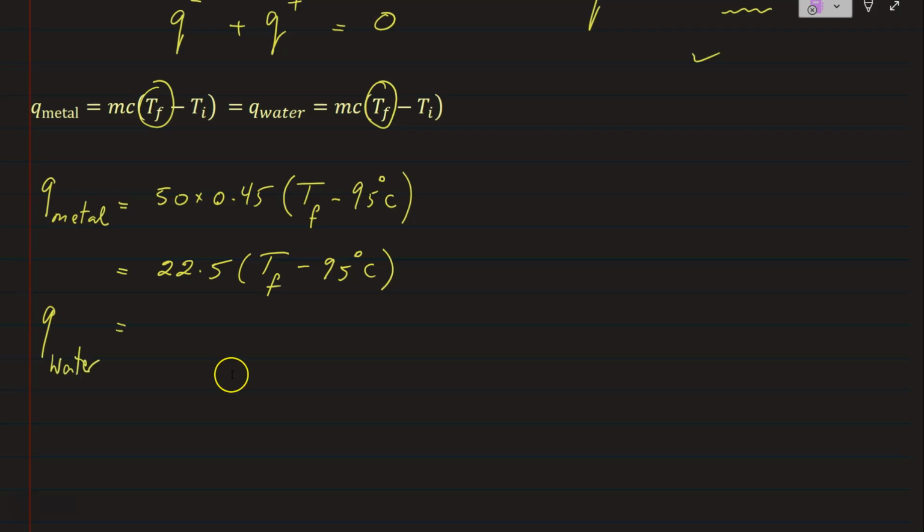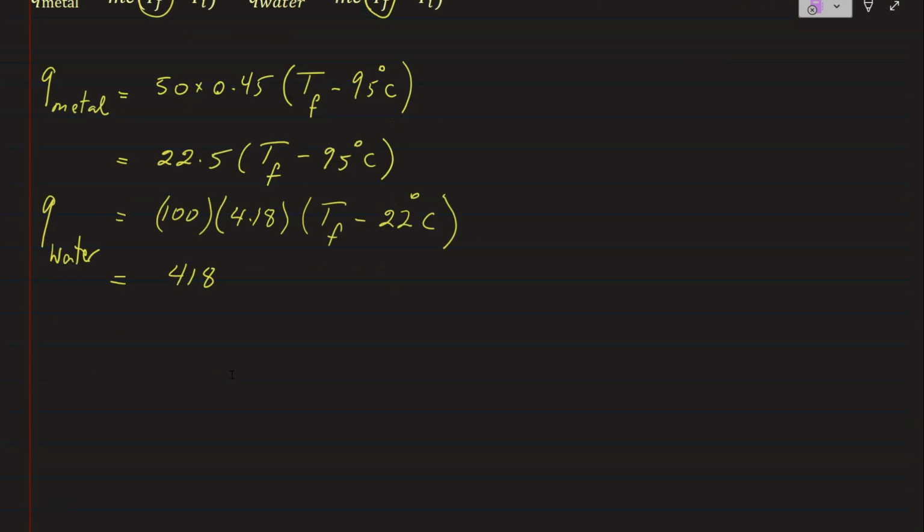So let's put the heat equation for the water, mcΔT. Here is the equation. We don't know what the final temperature is, but when you simplify it, you get 418 multiplied by (T final minus 22 degrees Celsius). Now we have this equation right here and this equation right there.